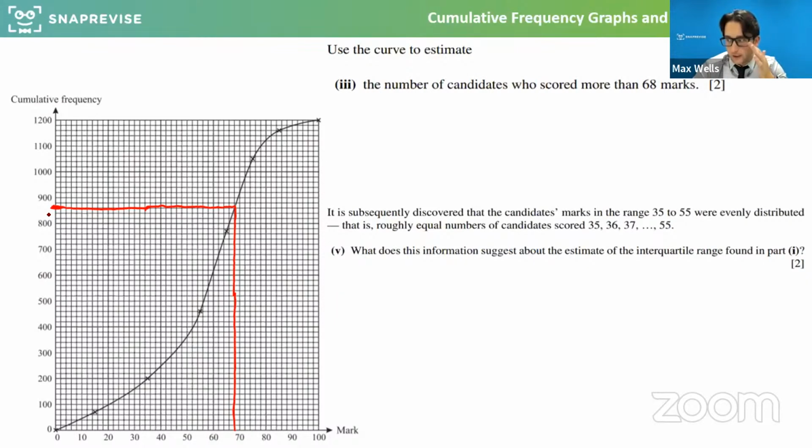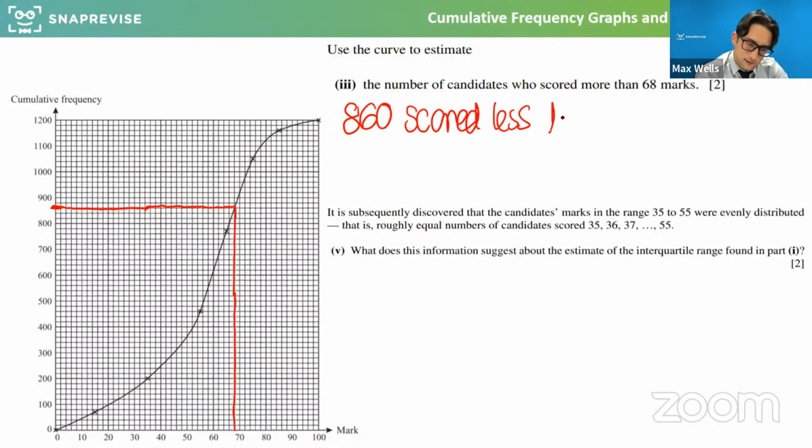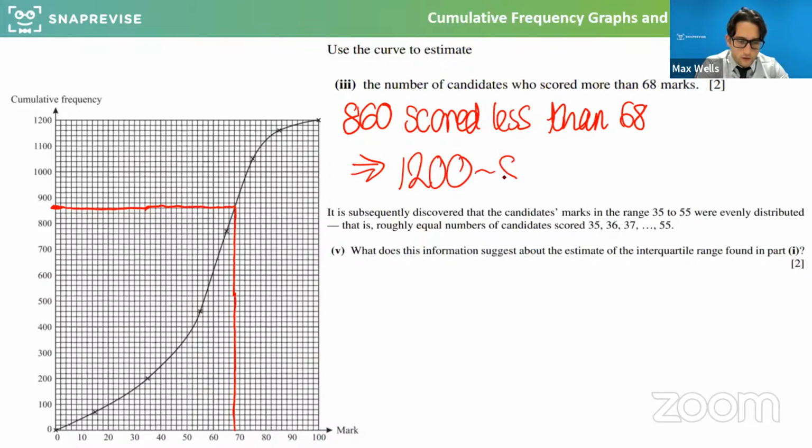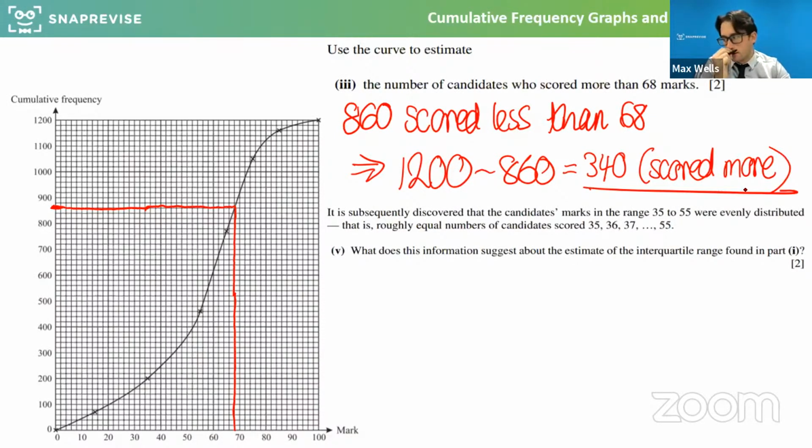Now, what we've actually found is that 860 is the number of candidates who actually scored less than 68. Okay. So if we know there's 1,200 candidates, the amount that scored more must be this. Does that make sense? Again, very common that they'll do it that sort of way round.